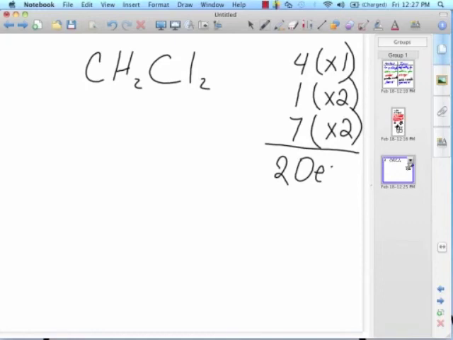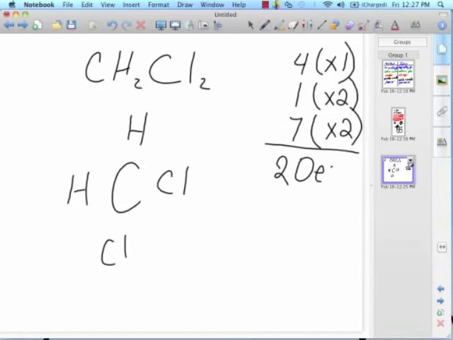Now, I draw it. What goes in the middle? Why? I don't know. We can arrange them however we want to. Let's put, just for fun this time, hydrogen here and here. Put them next to each other because it's H2. That's the only reason I'm doing that. I'm going to put a Cl here and here. Could I put the Cl here? Sure, I don't care. Put it there.